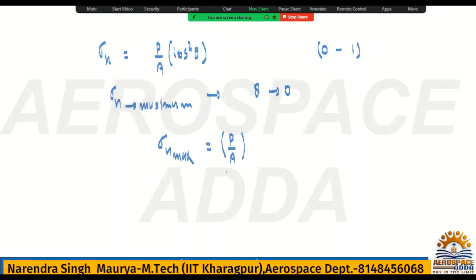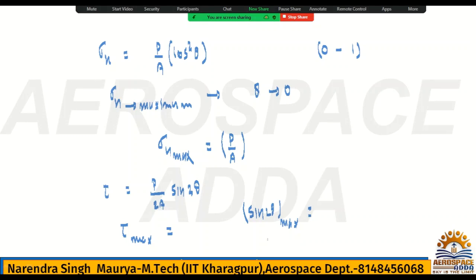Now for the maximum shear stress, tau is nothing but P by 2A sin 2 theta. Now I want tau max. For this, sin 2 theta should be maximum.